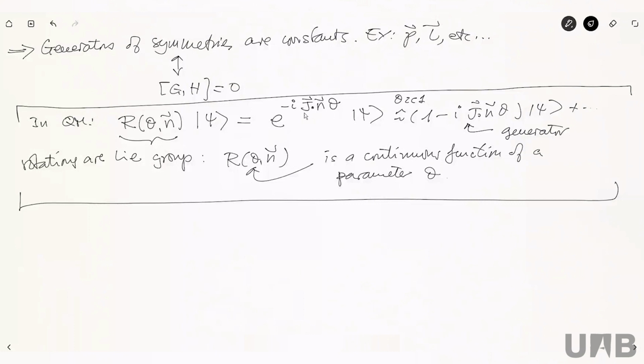Here, if J is the angular momentum, it looks as if I have 4 parameters: 3 components of n, and the value of theta, the angle. But this is not true. Why not? There are not 4 parameters, 3 plus 1. There are only 3. And why is that?